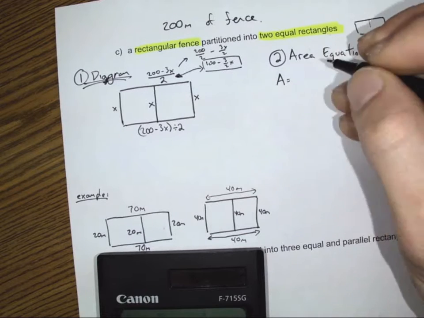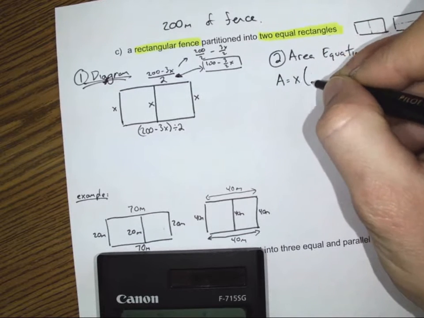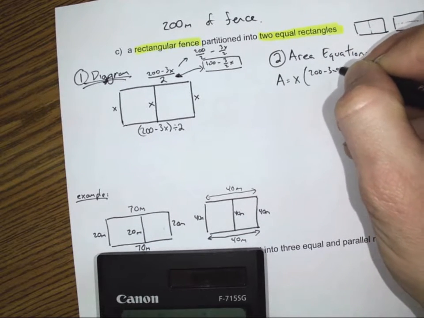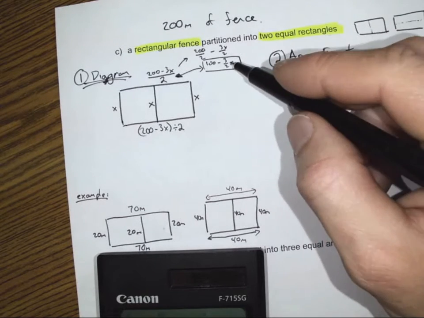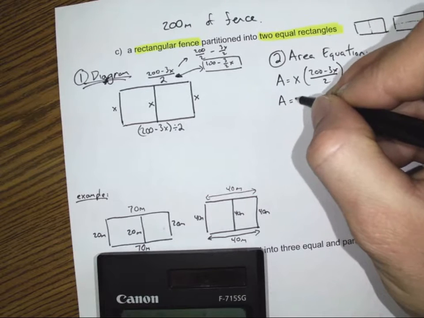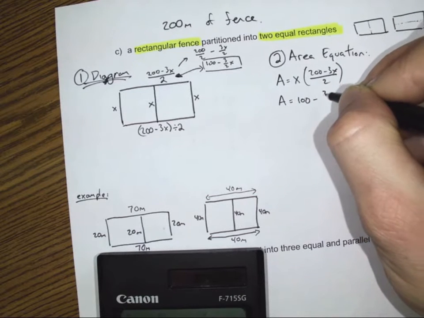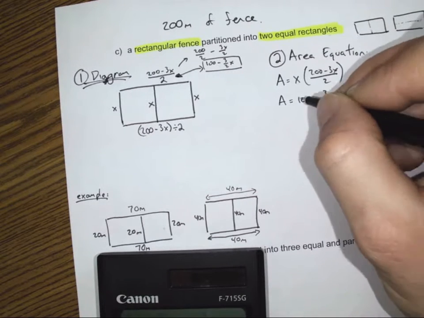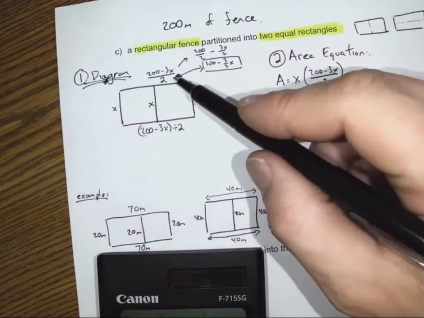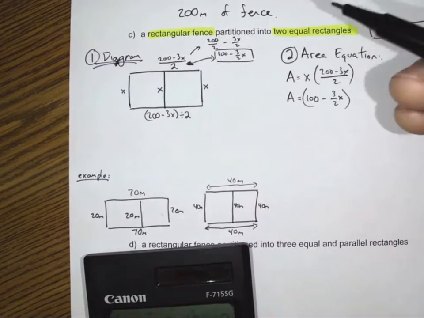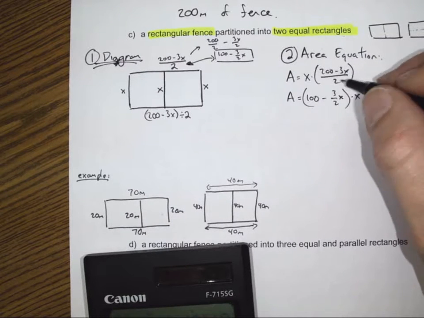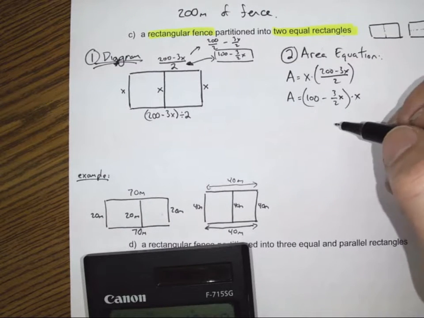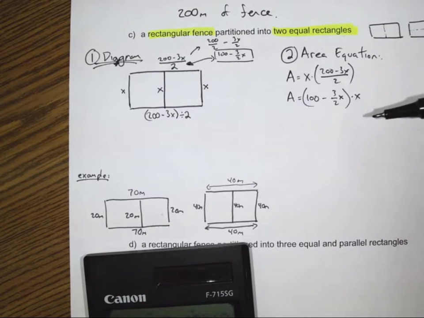So our area is either x times (200 minus 3x) all divided by 2, or if you prefer, area is (100 take away 3 over 2x) times x. Of course, you can put the x in the front, it doesn't really matter. Then we're going to put that into Desmos and take a look at it.